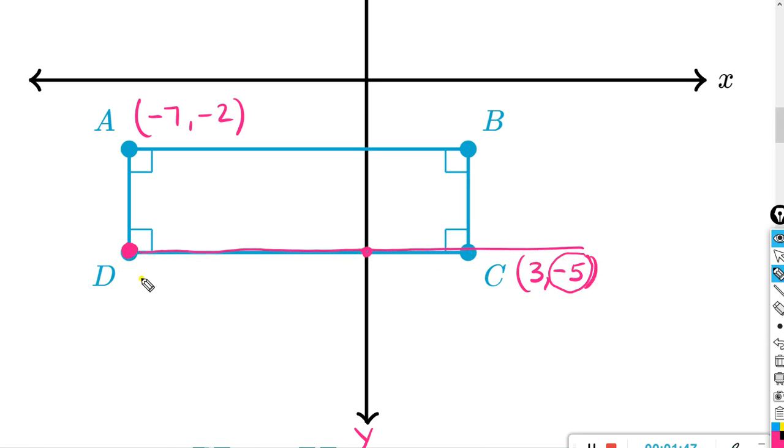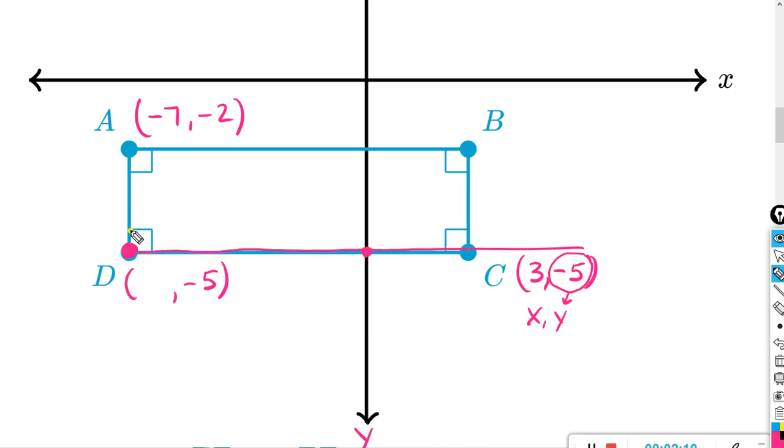So the y coordinate for point D is going to be -5. Okay, remember the coordinates are in the form x, y. So the y coordinate is -5, and we can see that matches the y coordinate for point C.